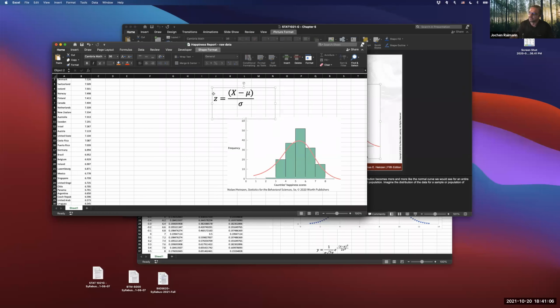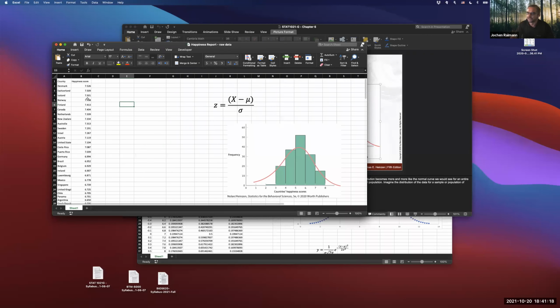Good, we have this high peak. This is our mu. We know the standard deviation, this is our sigma. And now we want to have the x. Let's calculate first the mean. How do we calculate the mean?